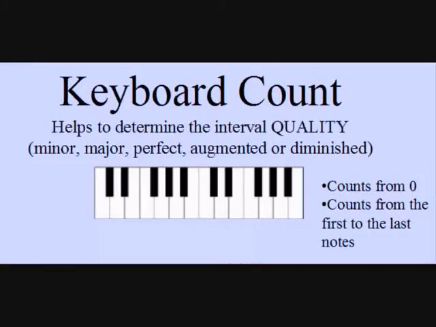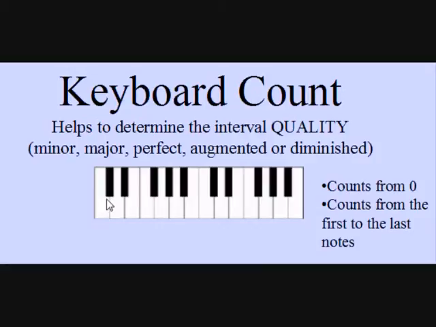We then have the keyboard count, which is the one that is going to help us to determine with accuracy the quality of the interval. And this is quite similar to what we've been doing about counting semitones. For practical reasons, for example, if we need to count it from C to A as we did before, we're going to count considering number 0 here.